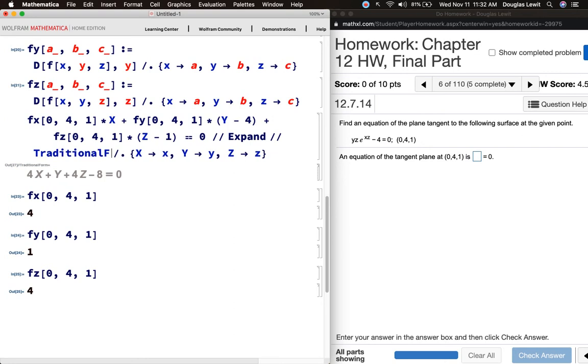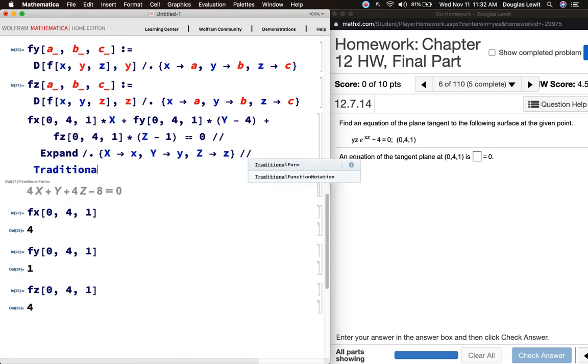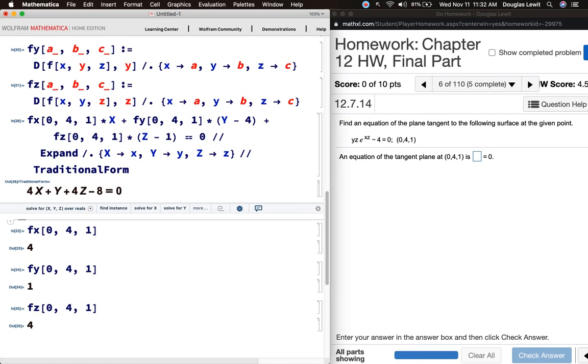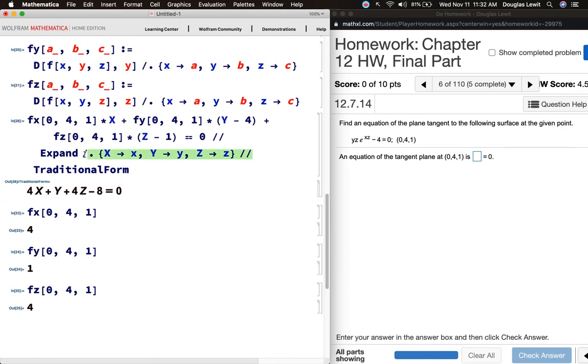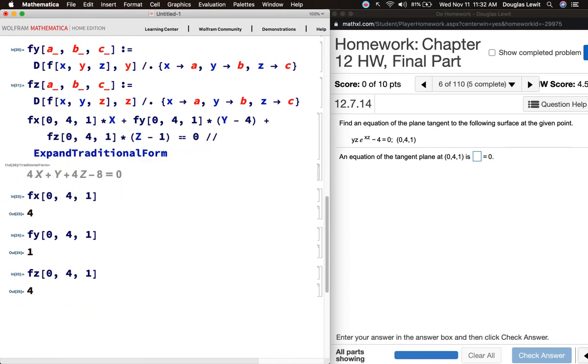Let's see, one second. That's purely cosmetic. That's actually a cosmetic issue. All right, I'm not going to worry about that. Mathematica doesn't seem to like what I did over there, so that's fine.